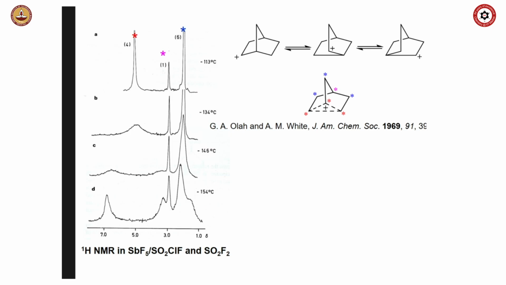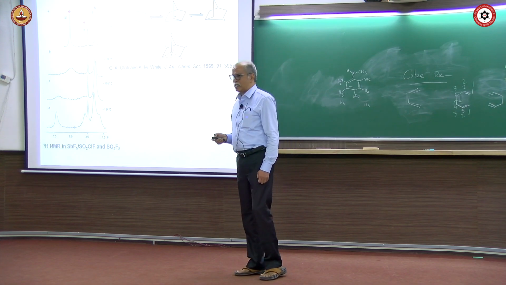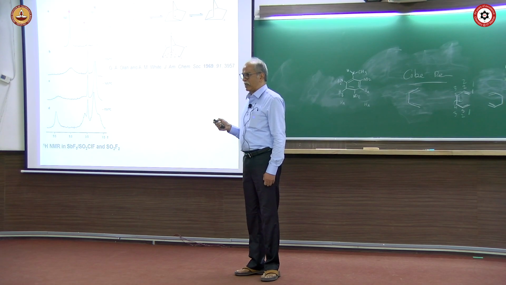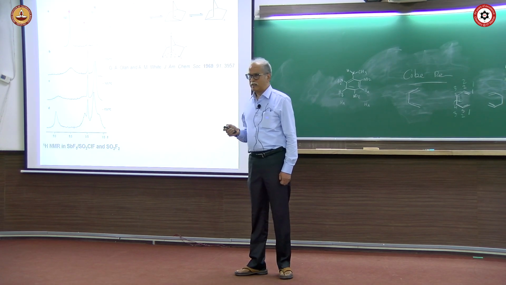These 3 methylene groups are identical to each other. This methine is unique to itself, and these 3 are identical to each other. George Olah proposed the structure of the norbornene cation to be this one based on the NMR.